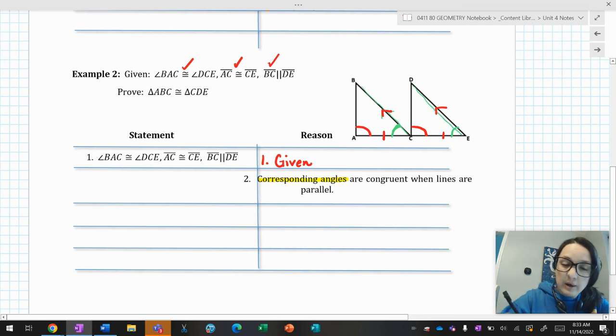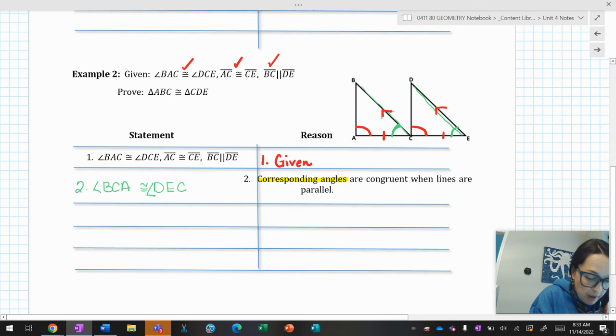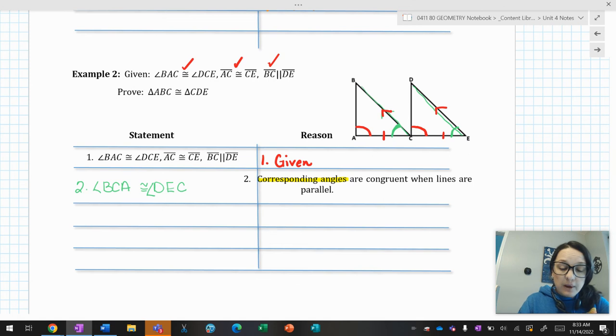Here's another parallel line. This angle is at the bottom and to the left of that one. So those two angles, I feel like giving them three letters. That would be angle BCA and angle DEC. Whoops, forgot my angle symbol. Angle BCA and angle DEC are congruent because corresponding angles are congruent when lines are parallel.